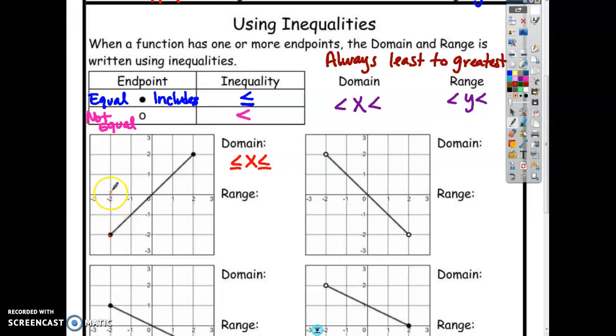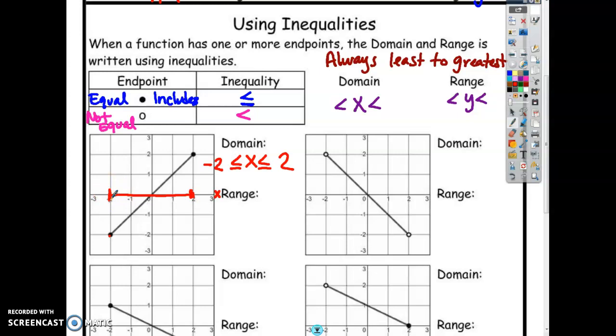Where is it at on the x? It's at -2, right? So my first number is going to be -2 because that's the smallest number on the x. Then this one is right here at 2 on the x. So the biggest number is 2 on the x. That means my domain goes from -2 all the way to 2. From -2 right here all the way to 2. Okay?